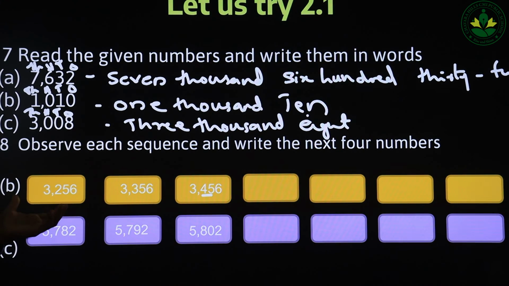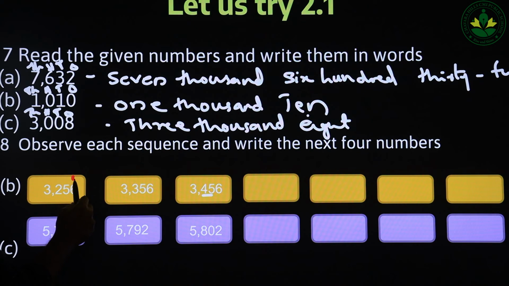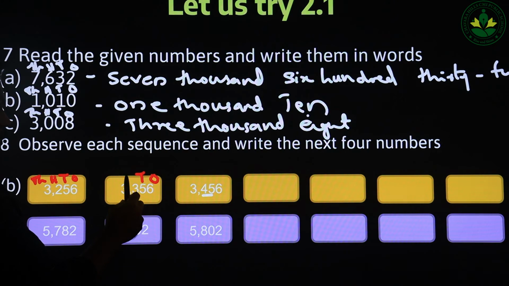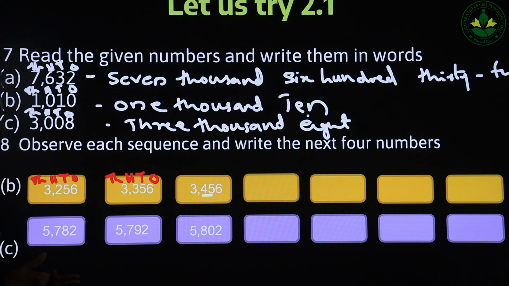Here the first number is 3256. Ones place digit is 6, tens place digit is 5, hundreds place digit is 2, and thousands place digit is 3. In the second number, ones place digit is 6, tens place digit is 5, hundreds place digit is 3, thousands place digit is 3.